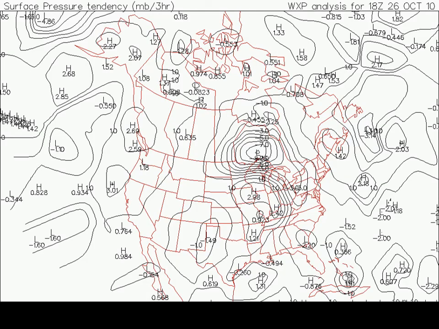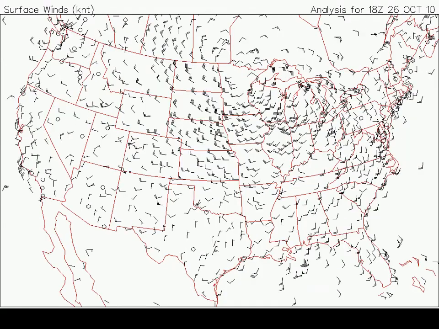And here are the pressure changes. You can see that there are isallobars; pressures are falling in Ontario and rising across Iowa and Wisconsin. So there's a very strong gradient. And with that strong gradient, we had very strong winds, sustained at about 30 to 35 knots across the region.